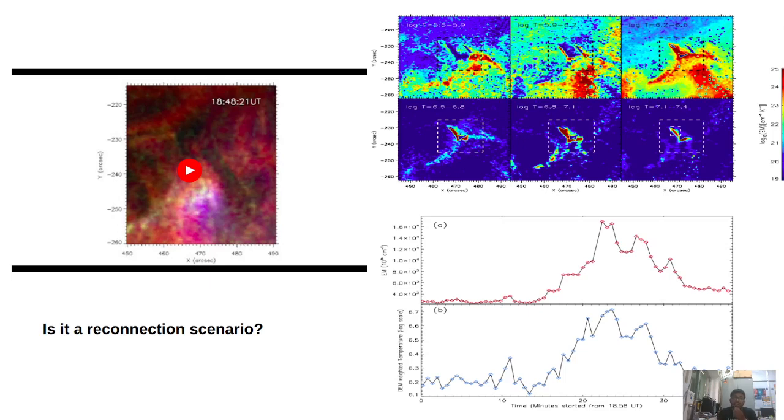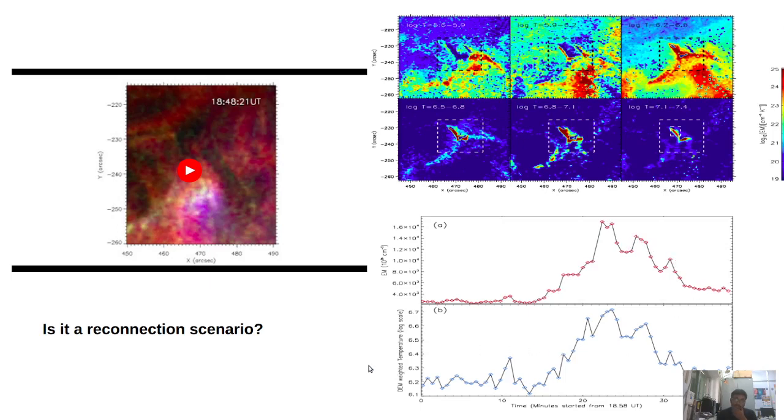Then the total emission measure in this particular box can be calculated with time from your data set. What I found is you have the total emission measure calculated from the summation of the differential emission measure in these 6 temperature bands, and essentially there is no peak in these regions, and then it rises like this, and then it falls off like this.